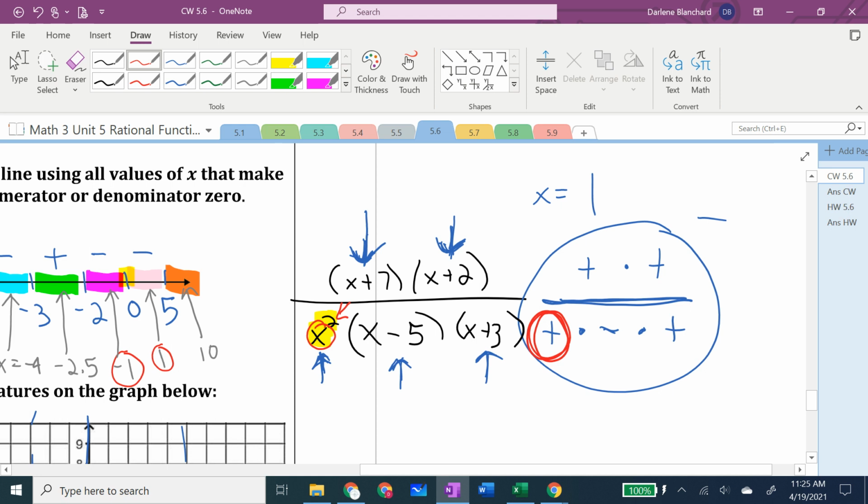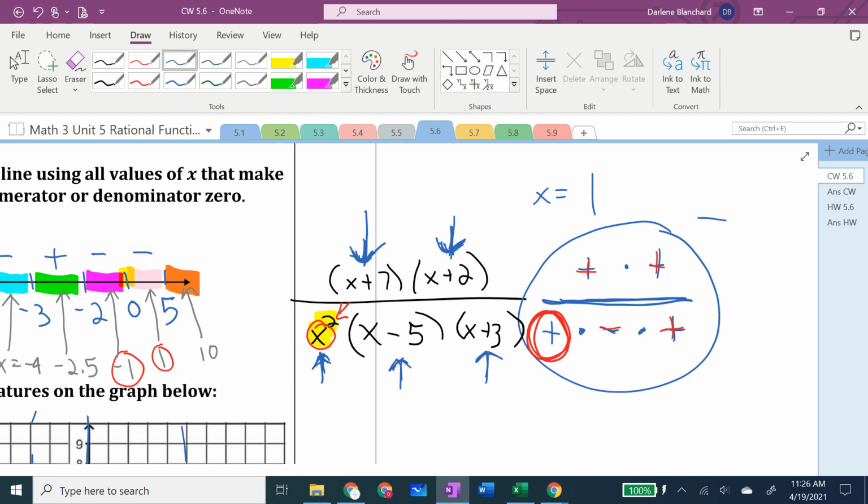And everybody else stays as they are as I cross over that. So when you have a multiplicity of 2 or 4 or 6 or any even number multiplicity, you don't get a sign change for whatever makes that equal to 0. And that you can use to save your time heavily.